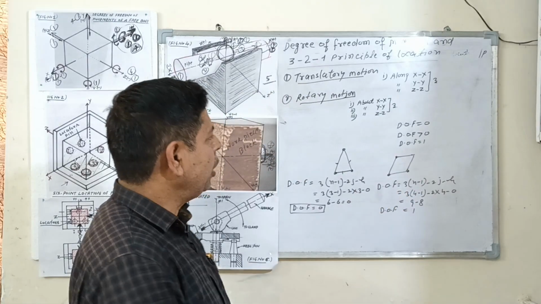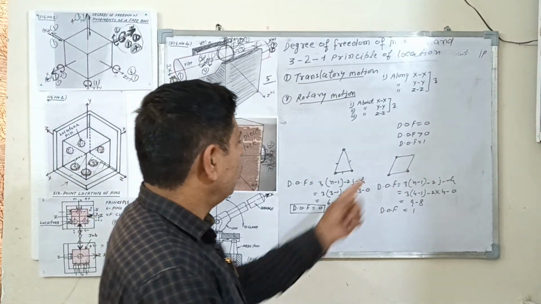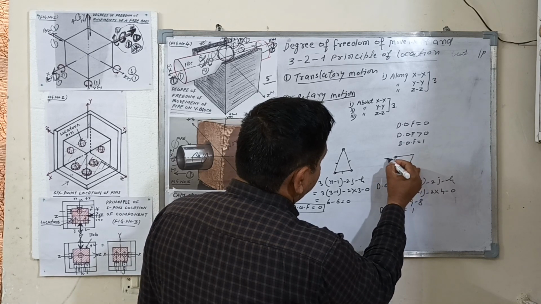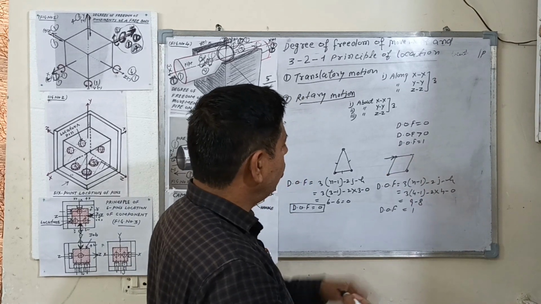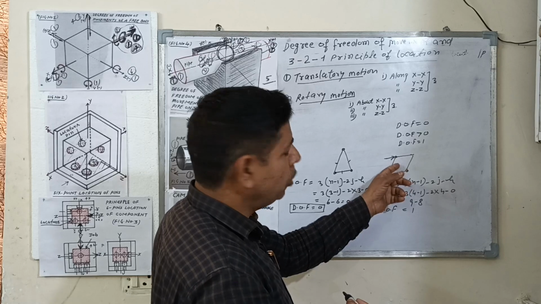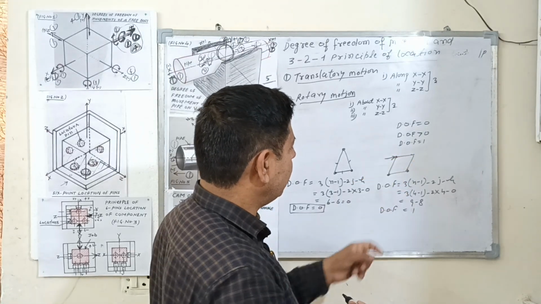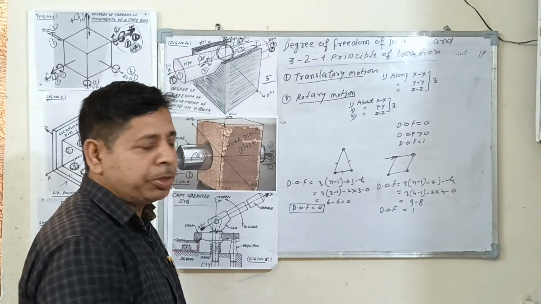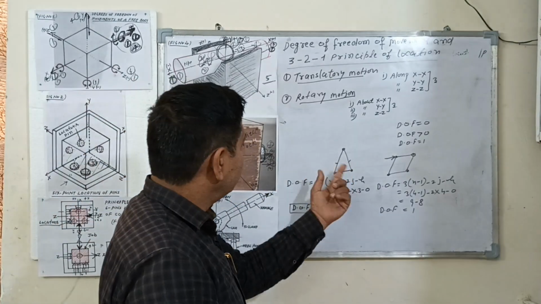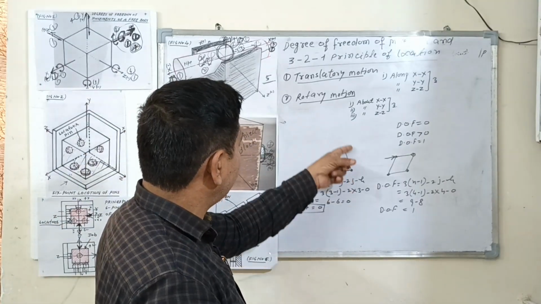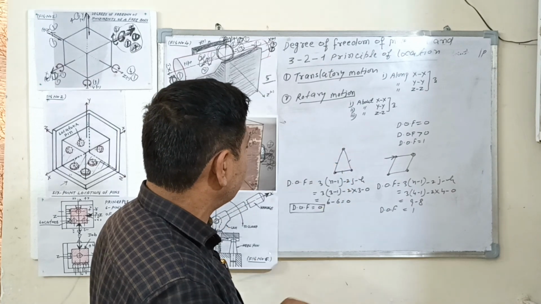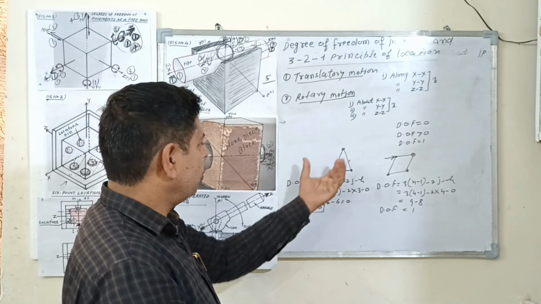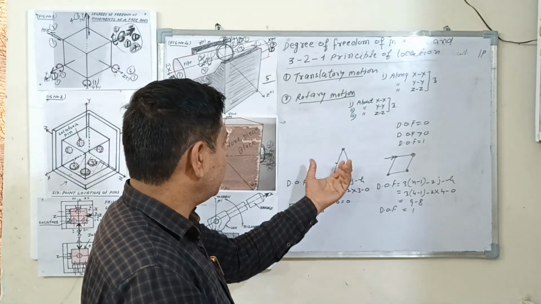So what is the meaning of 1? So one point is here where the force is applied to give the relative motion to this structure. So it is a complete mechanism system. The earlier type of structure is not a mechanism, it is a structure.